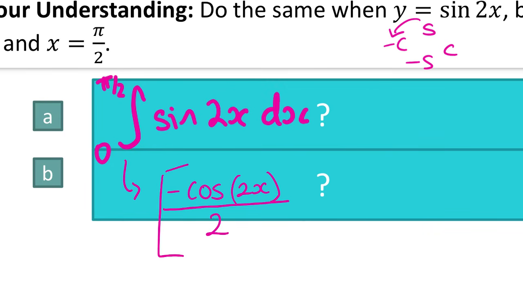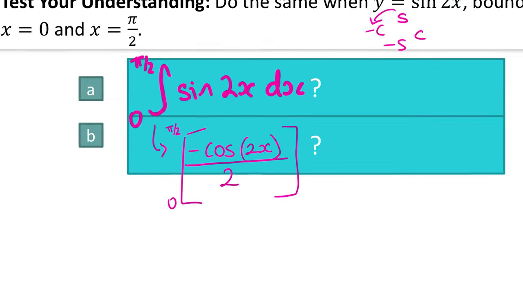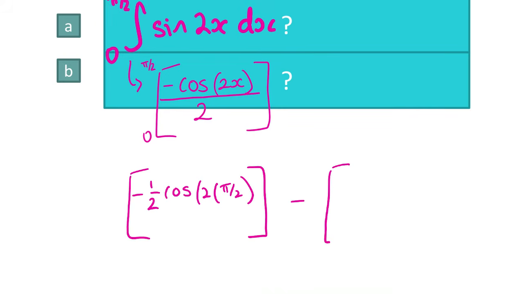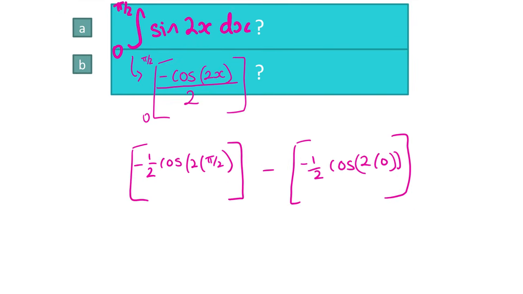So now I'm going to substitute in pi over 2 and 0. So I'm going to have minus a half cos of 2 lots of pi over 2, minus a half cos of 2 lots of 0. You can see here I've substituted in my bounds everywhere there was an x.